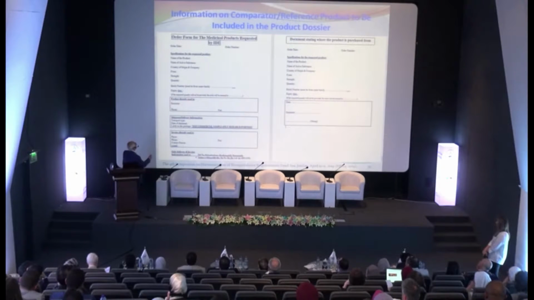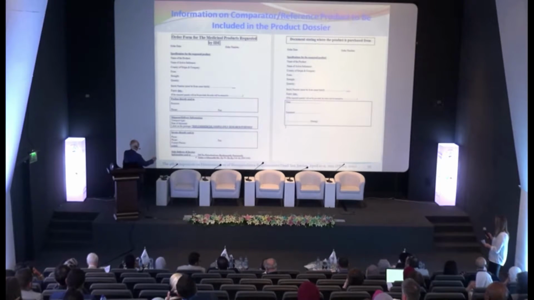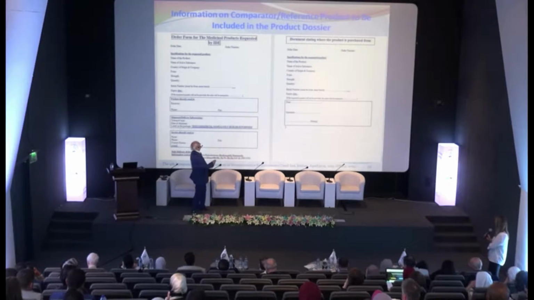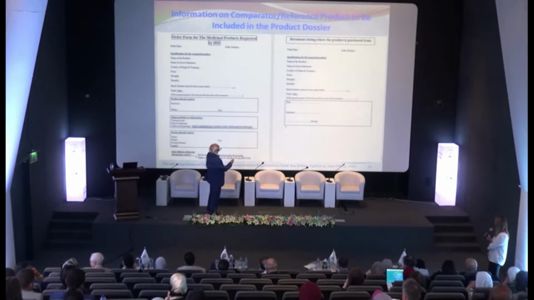And the product should be directly sent to your company or given to someone. Shipment delivery information, the company must put their stamp and signature. Invoice directly sent to the company, for example. And here, a document stating where the product is purchased from.